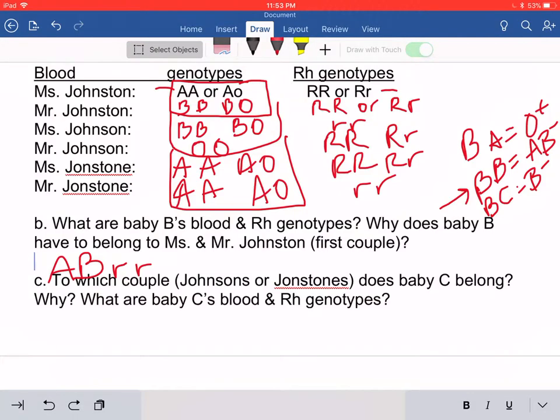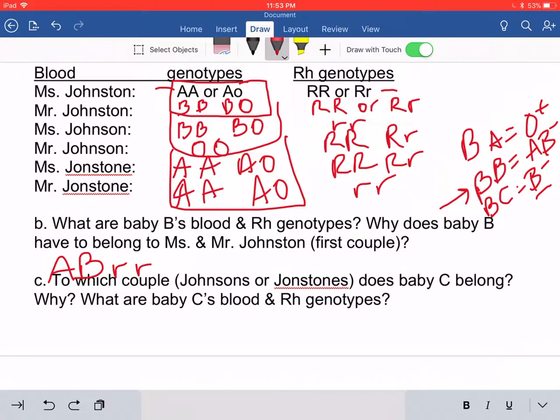To which couple, Johnsons or Johnstones, does baby C belong to? Why? What are baby C's blood and Rh genotypes? So let's start at the beginning. To which couple does baby C belong to? So what are the only other set of parents with B alleles, if we know already that baby B belongs to the Johnstons?